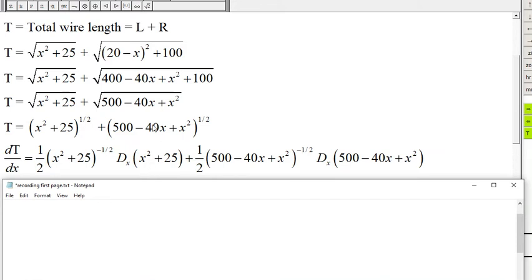And then same thing over here. This is the base, this is the exponent. So put 1/2 in front of the base, subtract 1 from the exponent. 1/2 minus 1 is negative 1/2. And then times the derivative of the base. And this base is 500 minus 40x plus x squared.